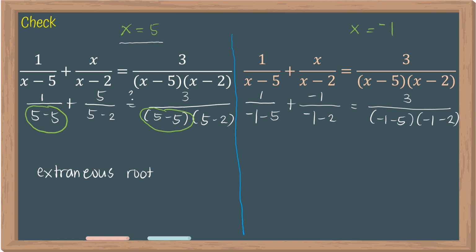So this is a question if they will be equal. So we have 1 over negative 1 minus 5 is negative 6 plus negative 1 over negative 3. Will that be equal to 3 over, we have negative 1 minus 5 is negative 6, and negative 1 minus 2 is negative 3.